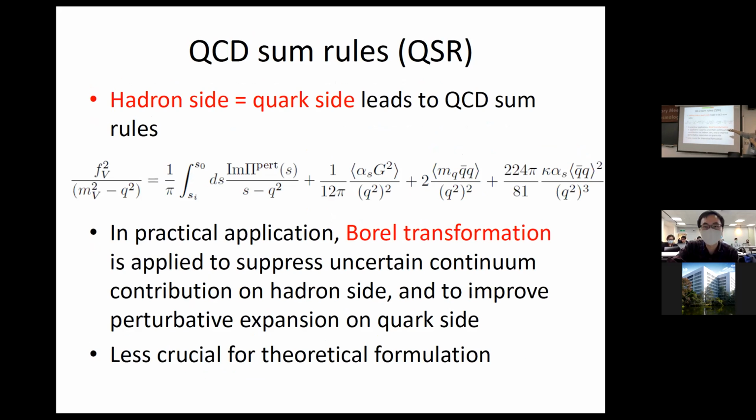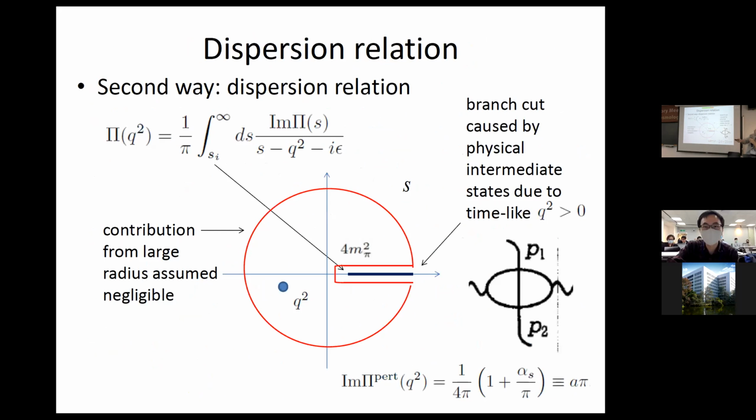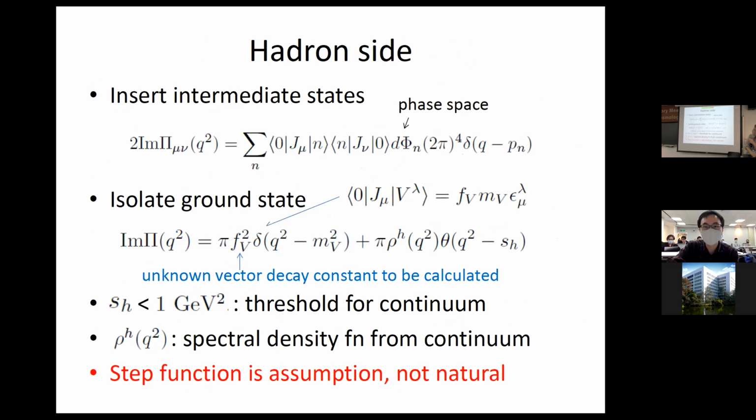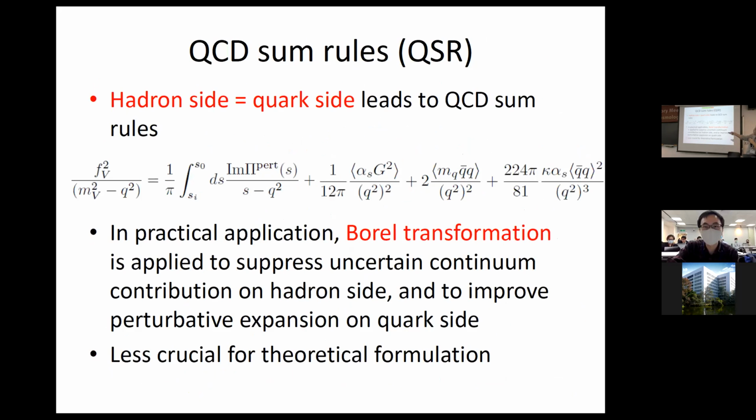It goes from the threshold to infinity. So we move the dispersive piece from the left hand side to the right hand side, and you cancel the contribution from infinity. Then you get the result here. On the right hand side, everything is known if you assume the quark-hadron duality.